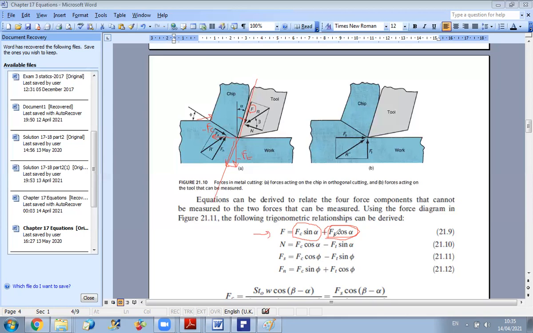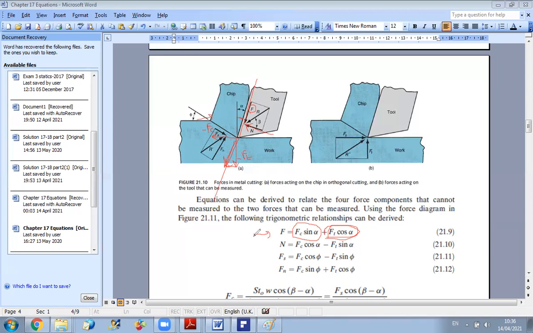Now I will do the same procedure for my resultant vector, minus R prime, on the normal direction, perpendicular to the rake face. I should obtain N. The projection of minus Fc will be positive, while the projection of minus Ft will be negative.